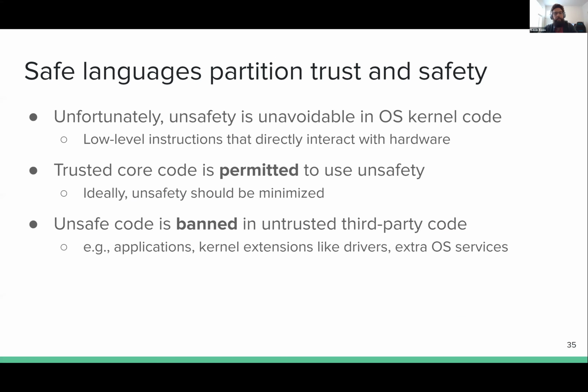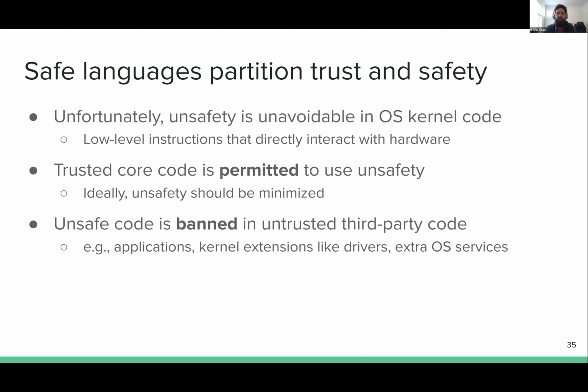Okay, so basically to sum up the idea of safe language OSs, there's a partition of trust and safety. And I think this is kind of what you were just getting at, Will. Unsafety is unavoidable in OS code, especially in some low-level contexts. Anything that directly talks to hardware, you're probably going to need some unsafe code. So the idea is to partition that. The trusted core is allowed to use unsafety, but it should be minimized.